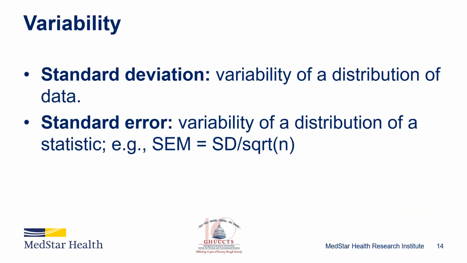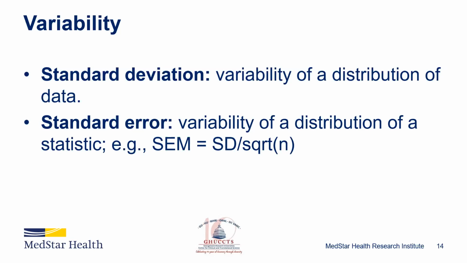And so there's two different measures of variability that I want to define here so that we're clear what they mean. When we hear the term standard deviation, we're talking about the variability of a distribution of data or distribution of individual values. The term standard error, however, refers to variability of a distribution of a statistic.